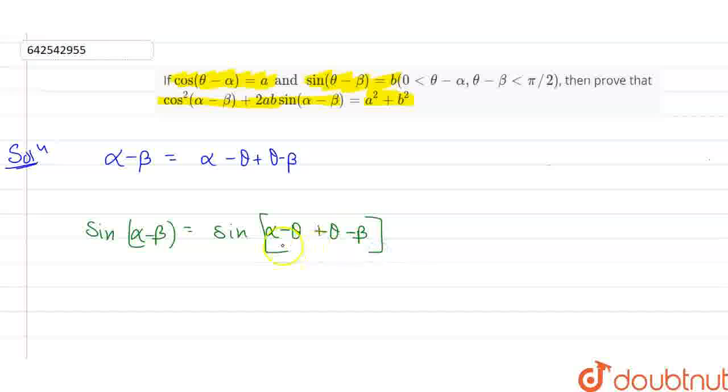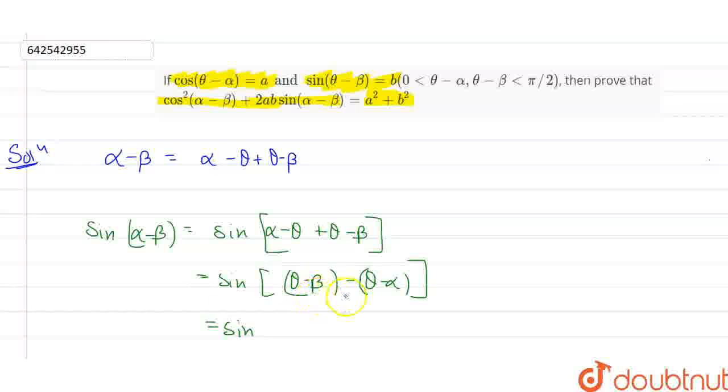Now I can write this equation in the format sine of (theta minus beta minus (theta minus alpha)).